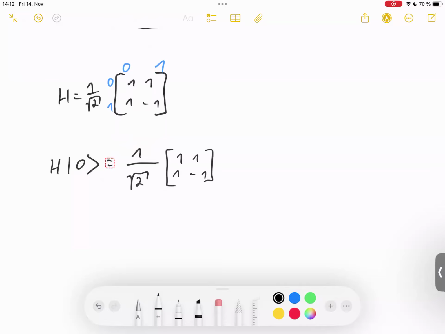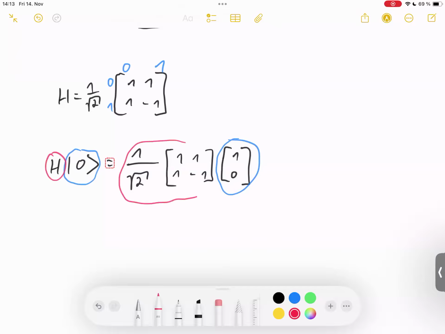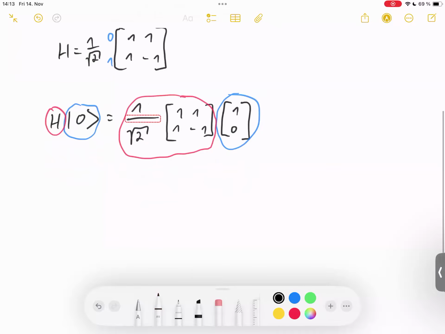This is the Hadamard matrix or the Hadamard gate, and we multiply this with the 0 ket, which is 1, 0. Now we can multiply this and see what the result is.